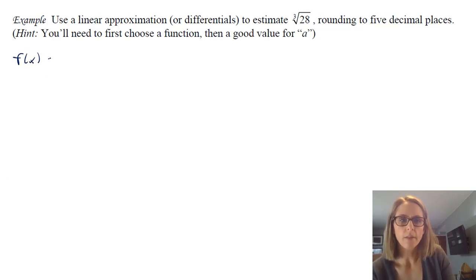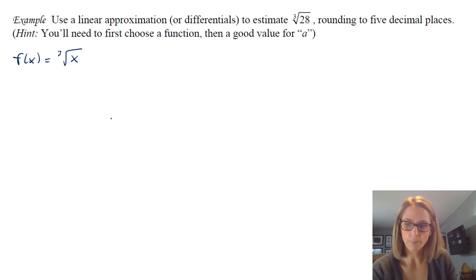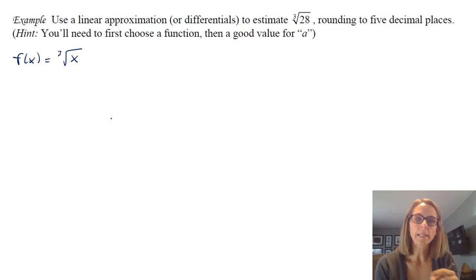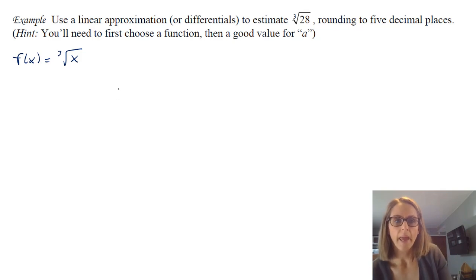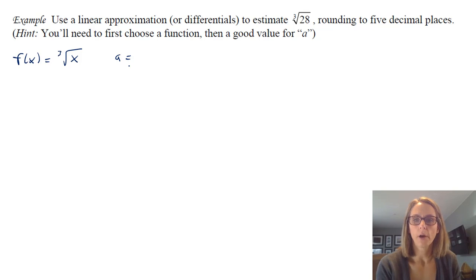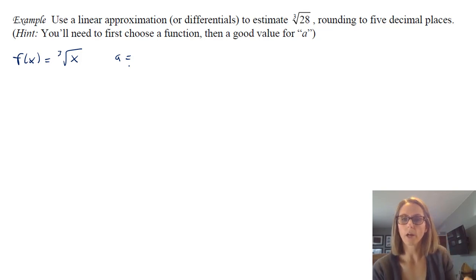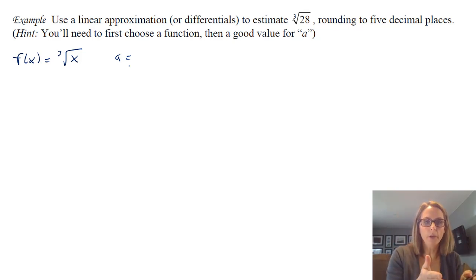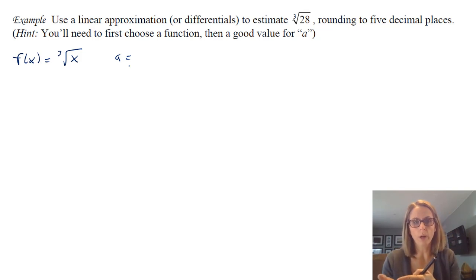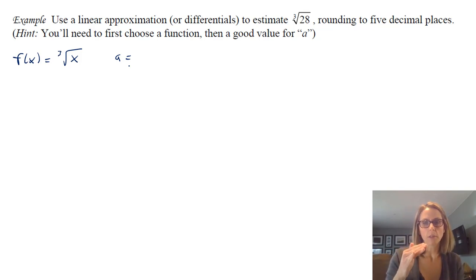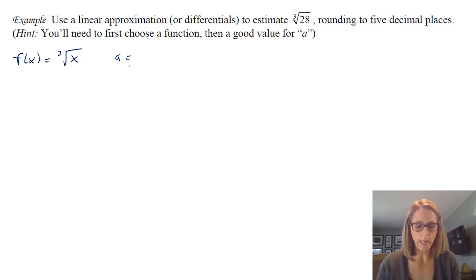Okay, so the idea is we need to choose a good function, and we're actually going to use a function we've already seen, the cube root of x. But the idea here is we have to choose the a. If you had the cube root of x, what x would you want so that you could create a pretty good tangent line there so that you could then estimate the cube root of 28?